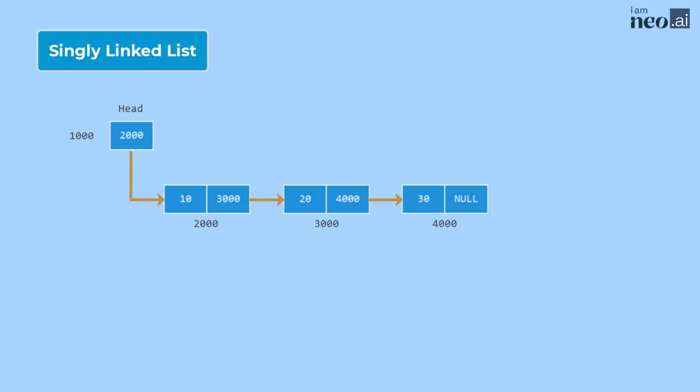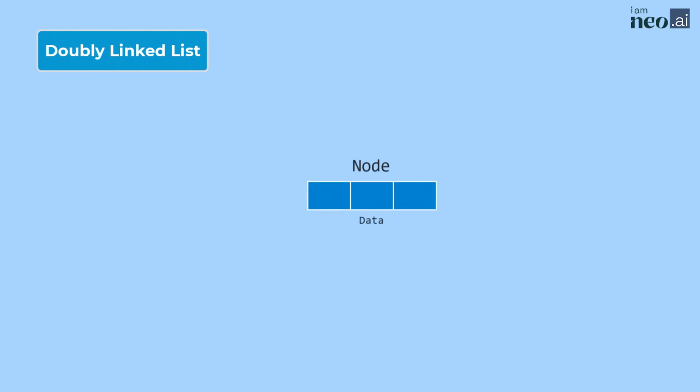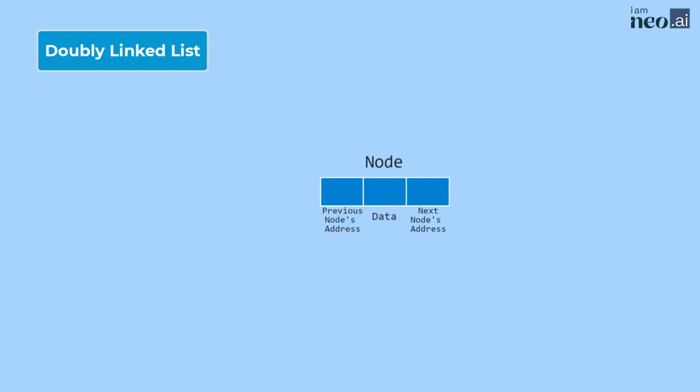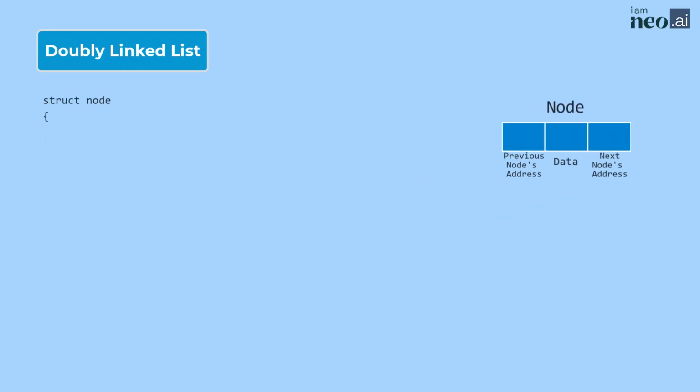So we have one more linked list called doubly linked list, where a node consists of three parts: data and these two parts. One is the previous node address, and this is the next node address. So how can I define a node with the help of a program? struct node, int data, fine.